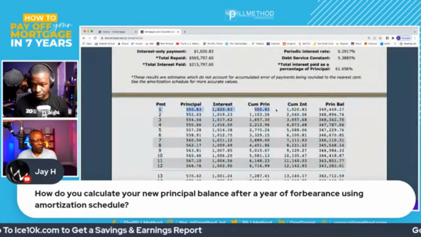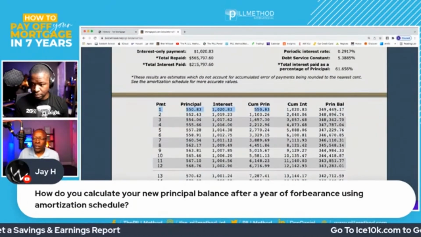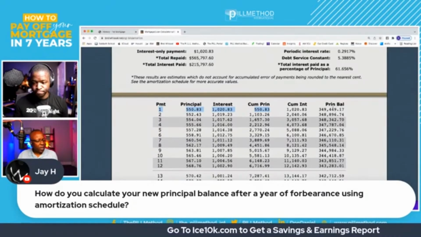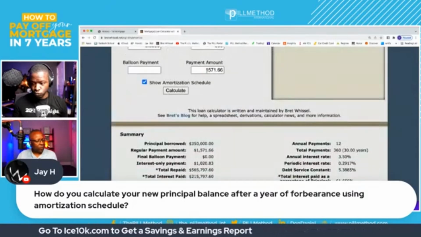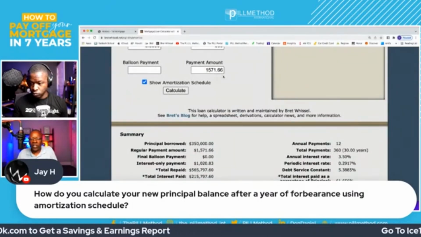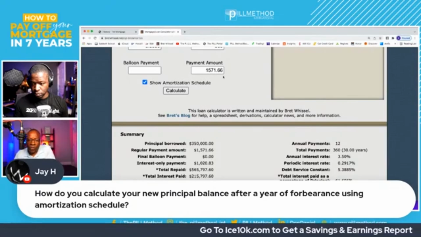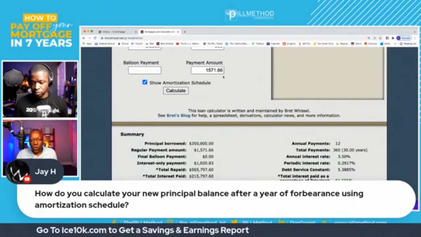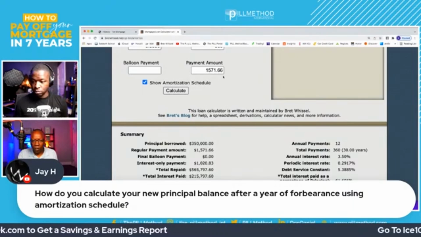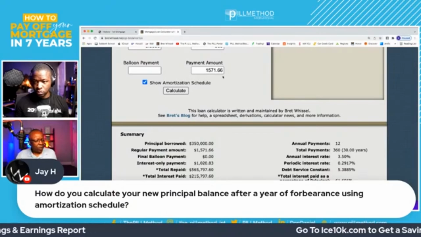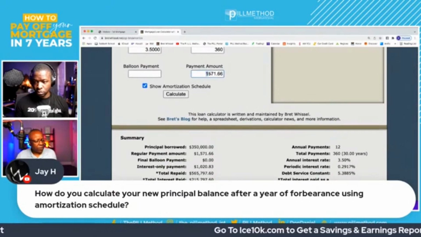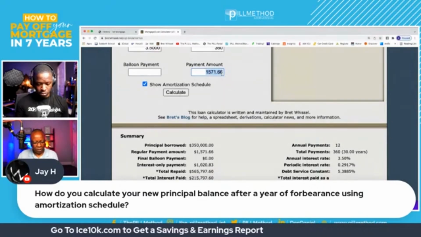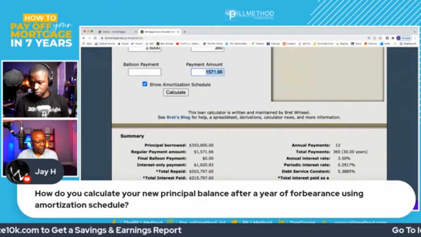Let's say you go into forbearance, and for 18 months you don't have to make a mortgage payment, which means a payment of $1,571.66. Let's say this stream of income was affected, but your other streams of income were not. Those who had other streams of income and did this correctly took the $1,571.66 and saved it every month for 18 months.